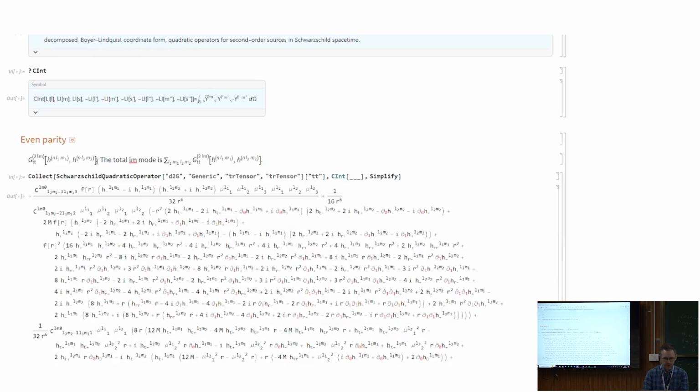And what is being outputted here is what you get from individual first order modes. So you put in 2 first order modes, out pops what I'm going to show you. If you then want the actual full second order source, you need to then sum over all those first order modes.